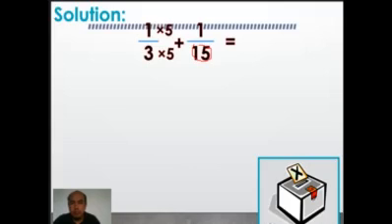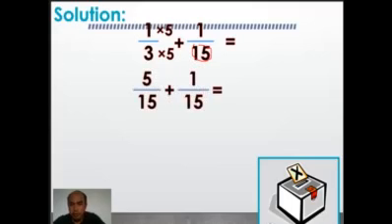So, 1 times 5 gives you 5. 3 times 5 gives you 15. So now we have this product, because we multiplied it. 1/3 and 5 over 15 have the same value as a fraction.